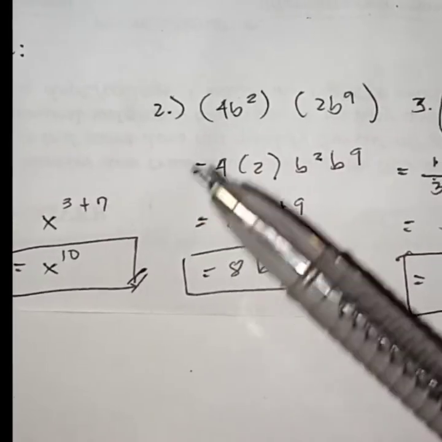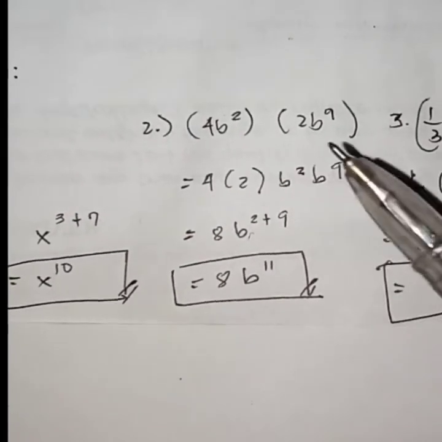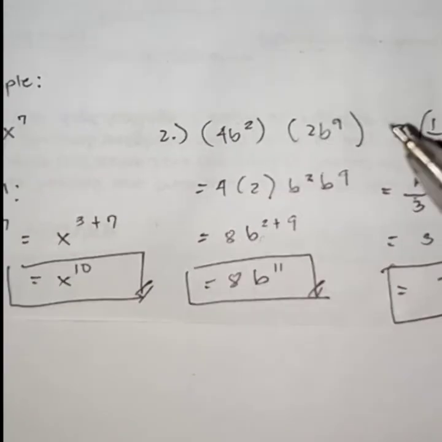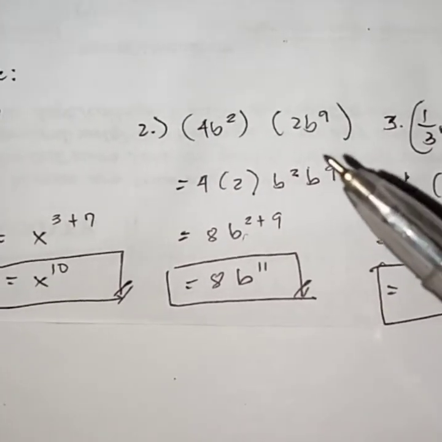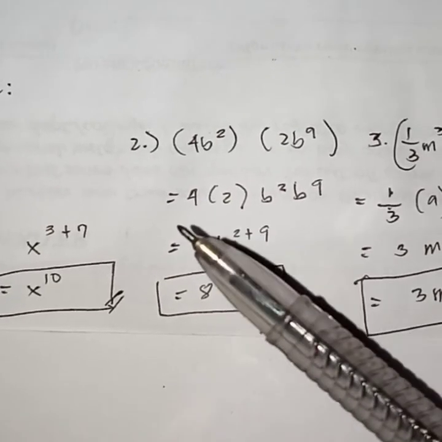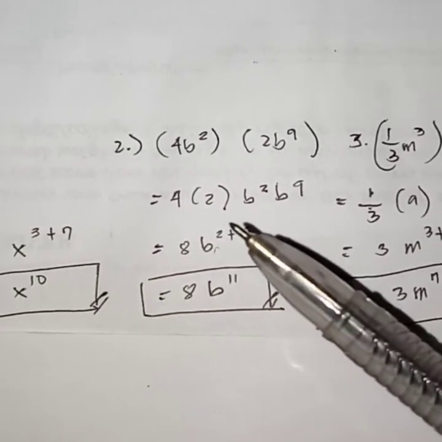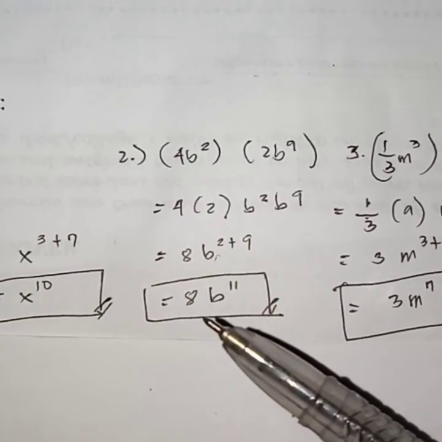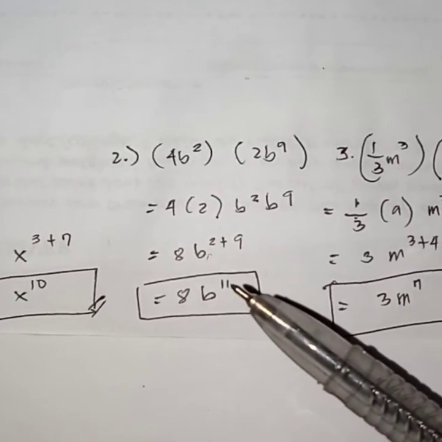So for number 2, we have the given 4b squared times 2b raised to the power of 9. Apply the commutative and associative properties, multiply the coefficients, and keep the base and add the exponents. So we have the final answer 8b raised to 11.